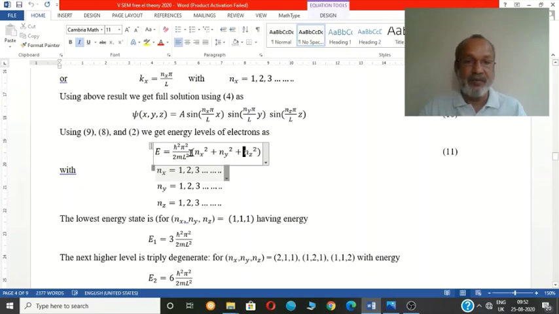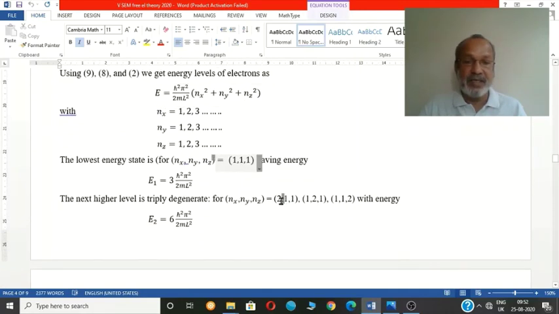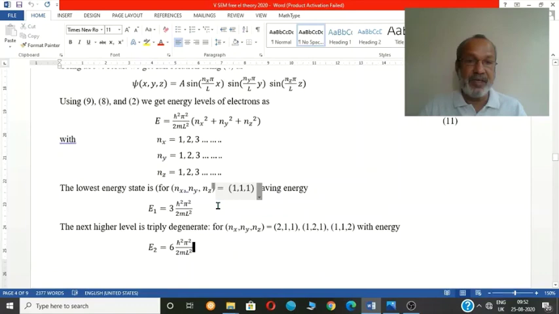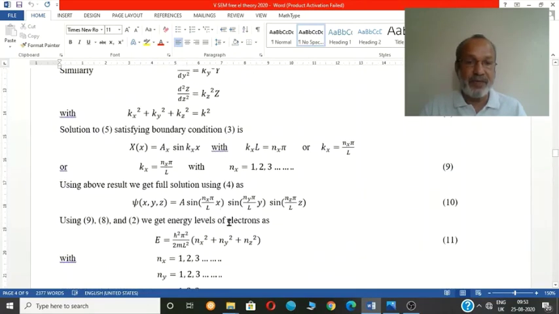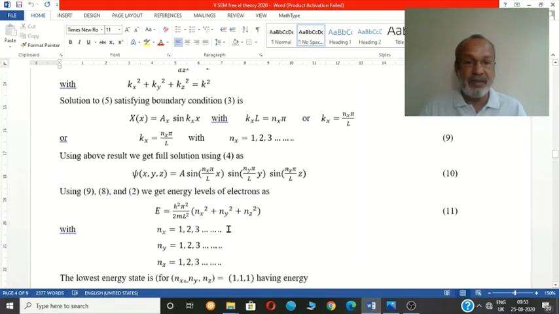So depending upon the values of nx, ny and nz, you will get different degeneracies, like the three-fold degeneracy we have got in this case. But if the sides are different, that is, if it is not a cubical box but a box of sides A, B, C, then this L will not go outside the bracket.